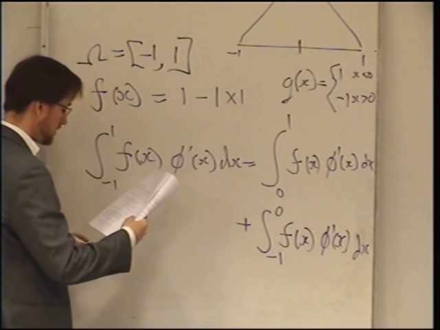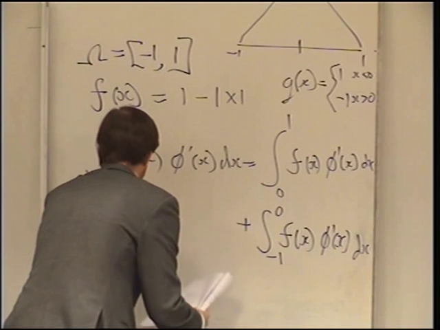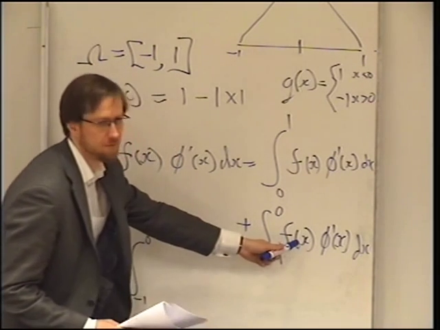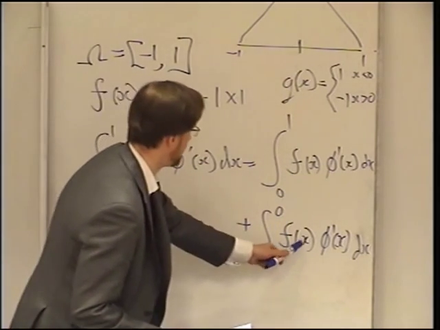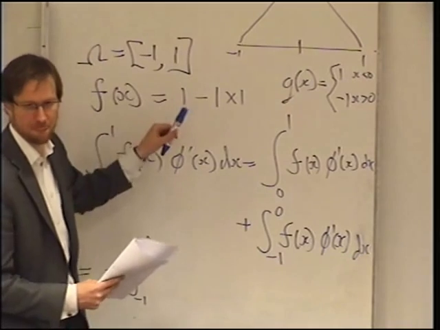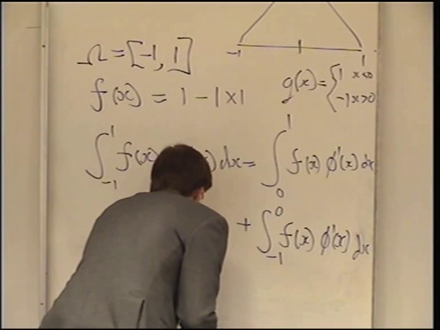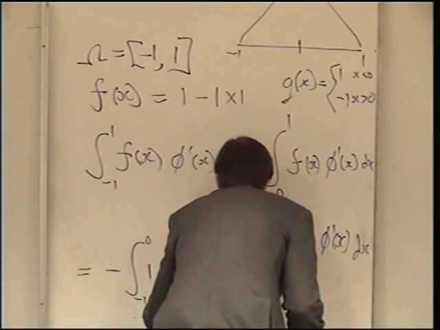So that means that this is equal to minus the integral from -1 to 0 of the derivative of f of x. So the derivative of f of x on -1 to 0, on the left-hand interval, is 1, times phi of x dx.